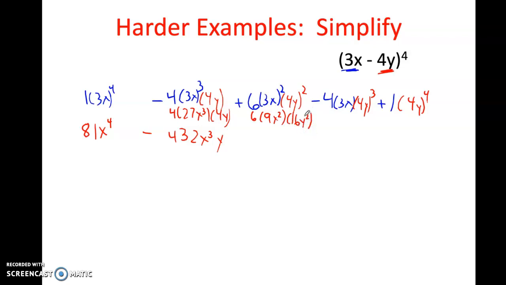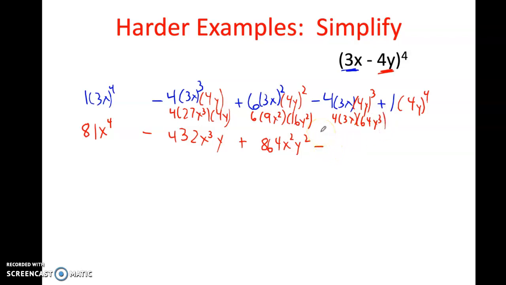So again, in the calculator, we're going to have plus 864 x squared y squared minus, this is 4 times 3x times 64y cubed.